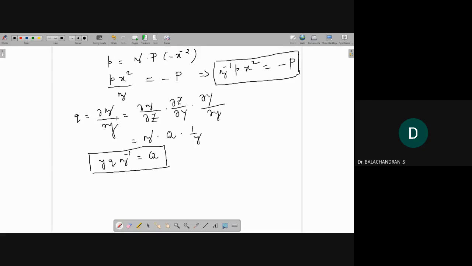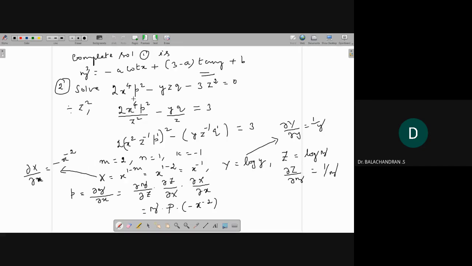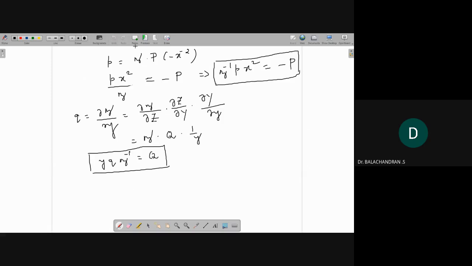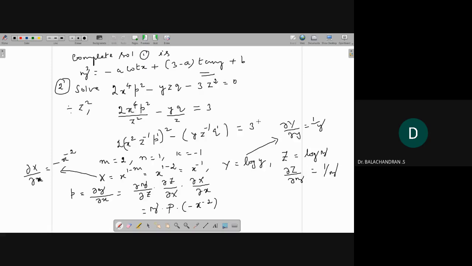So now what is the equation you have? Instead of x square z power minus 1 p, you can replace it by minus p, and instead of this you can replace by q. This is equation 1.